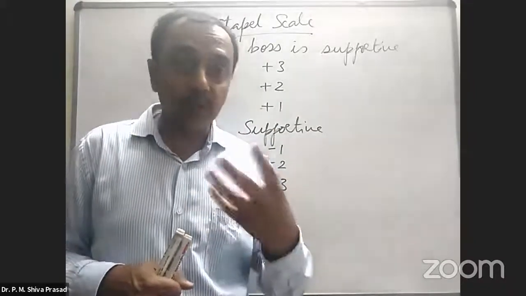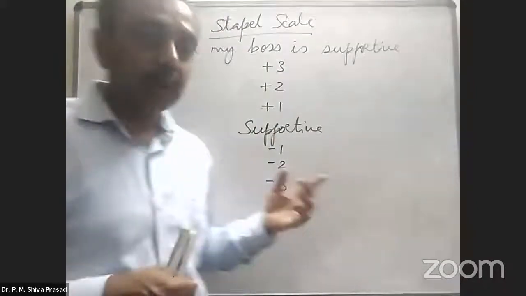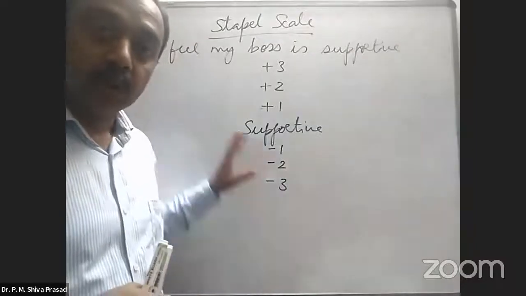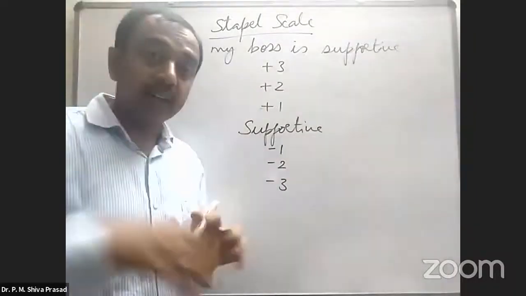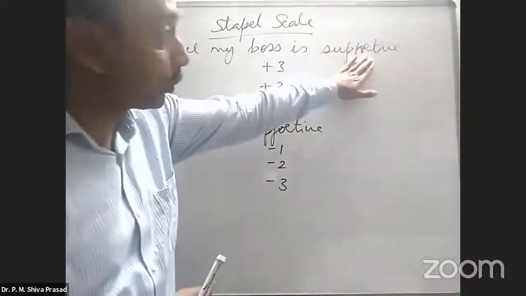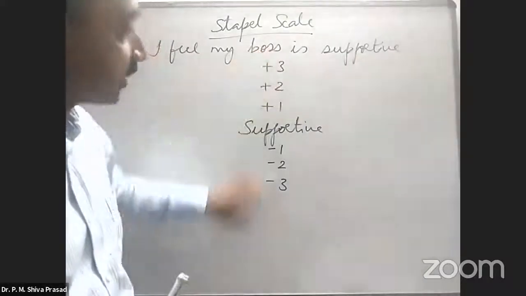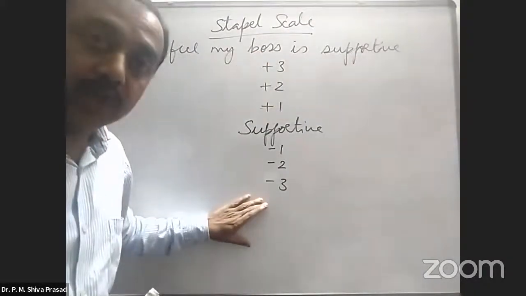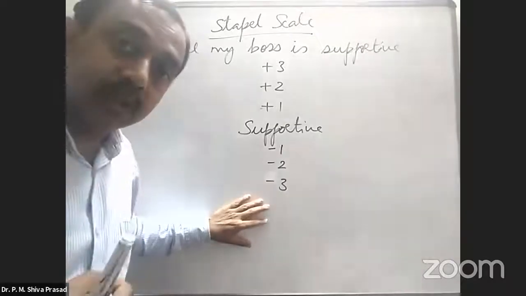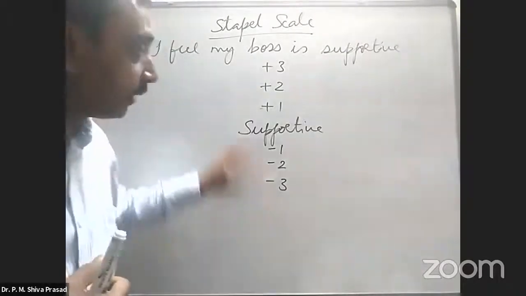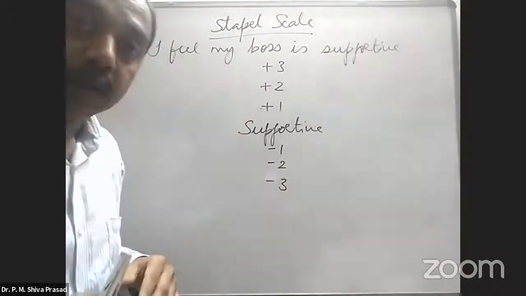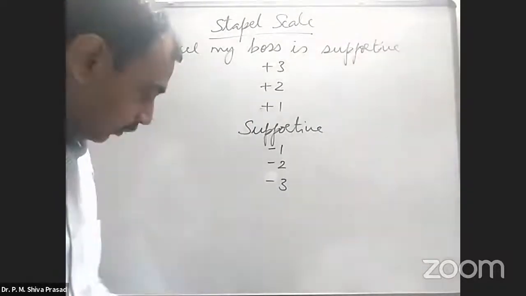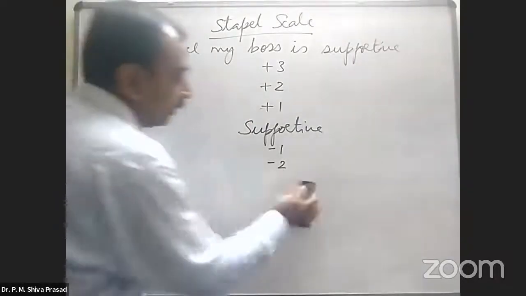Otherwise, if they don't understand the question properly, they will commit a mistake. So framing the sentence should be as simple as possible, and the scale should be visually appealing. It should be comprehensible to the respondent so that they give the most appropriate response. This is a staple scale.